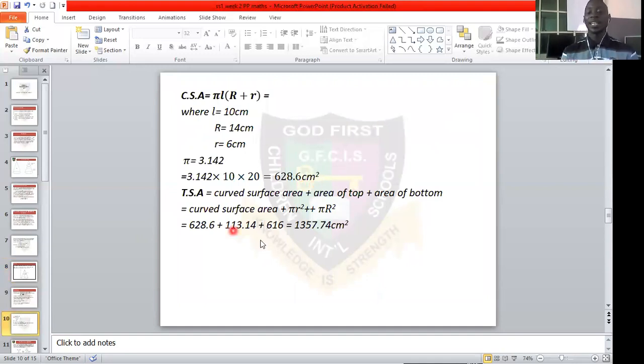So insert into it. Calculate pi small r square: 6 squared times 3.142, you get 113.14. Insert 14 squared times 3.142, you get 616. Adding together, you have 1357.74 centimeters square.